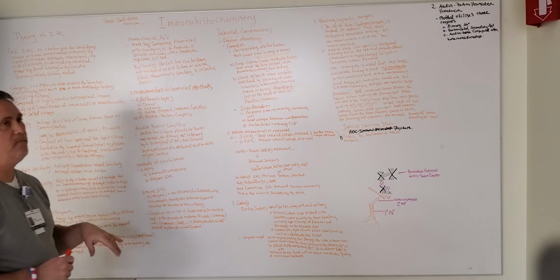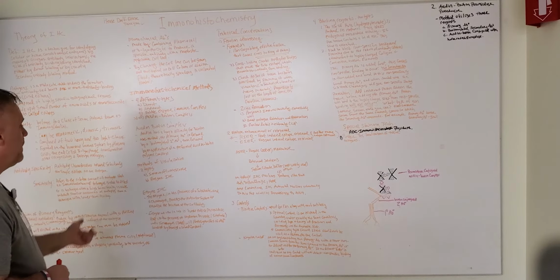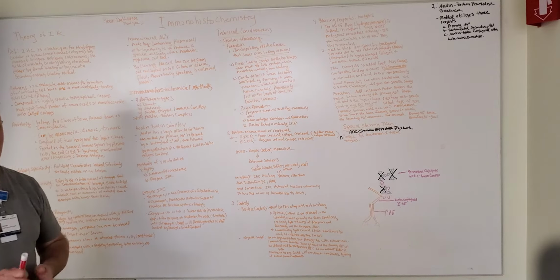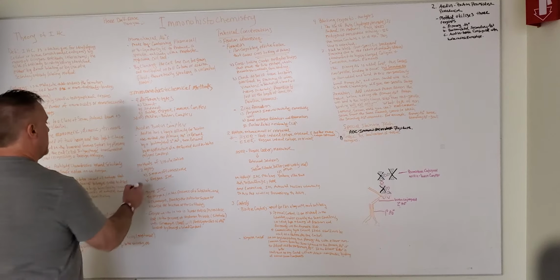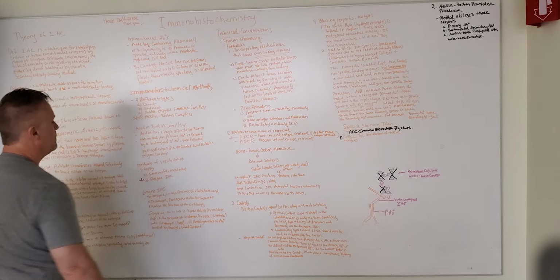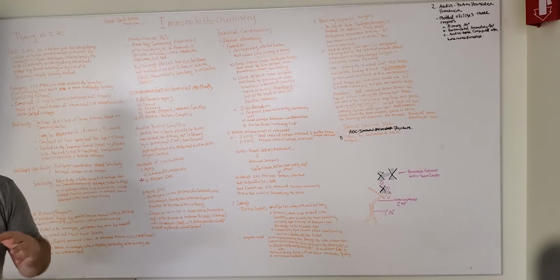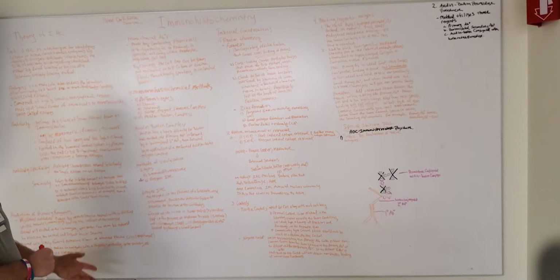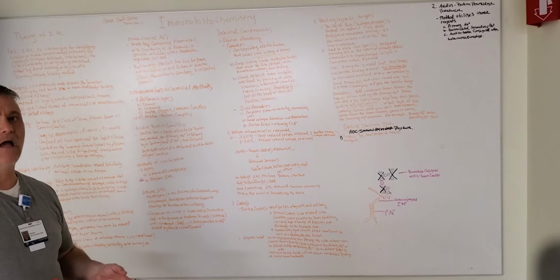There's 2 types of visualization that you can use when you're doing immunohistochemistry. One of them is immunofluorescence, and the other is enzyme IHC. And enzyme IHC is the one that we're going to concentrate on. Immunofluorescence is okay, but the thing behind this is that you have to immediately read your slides.